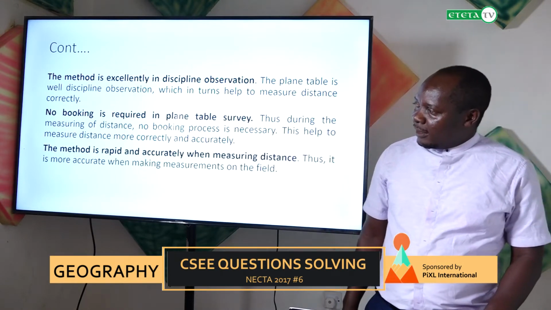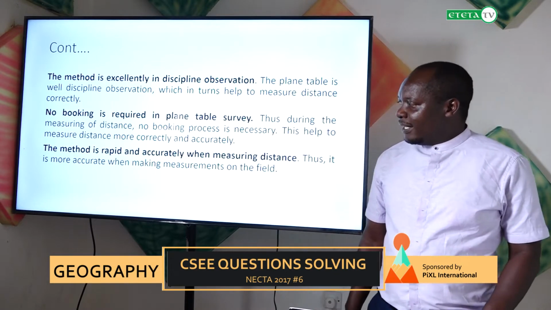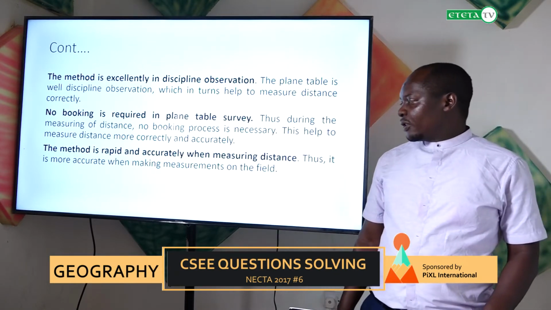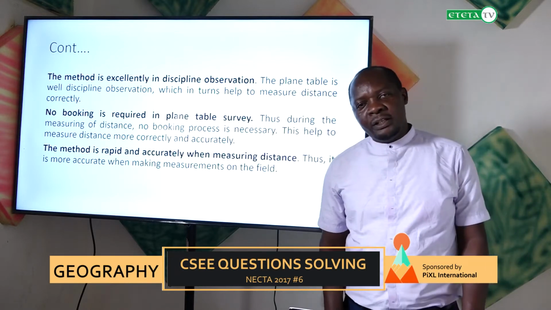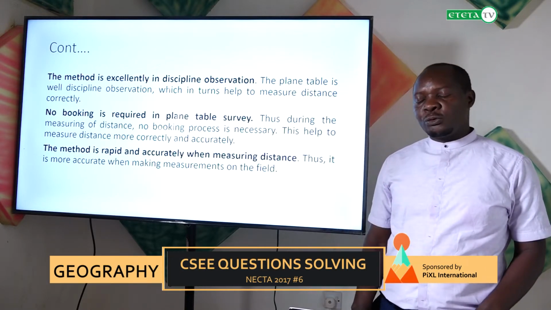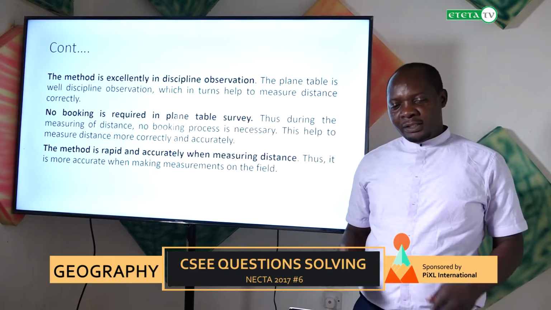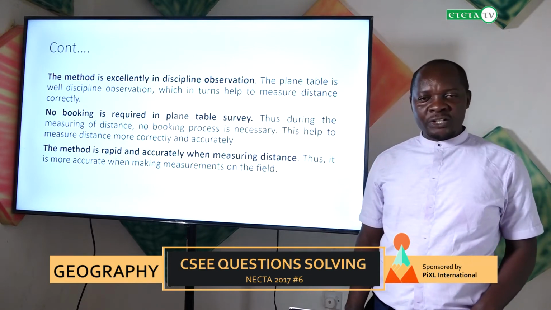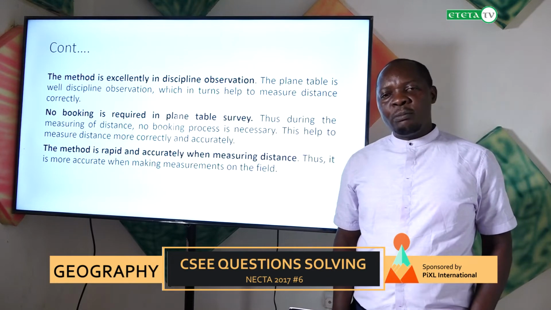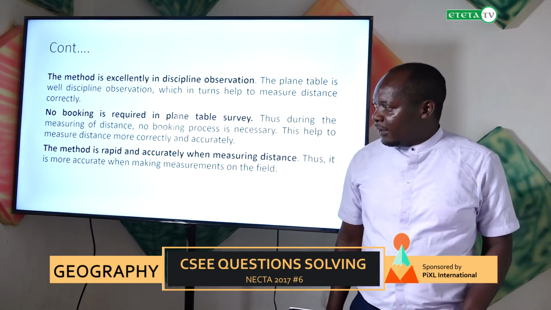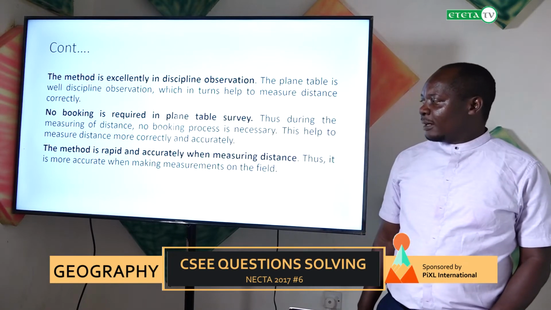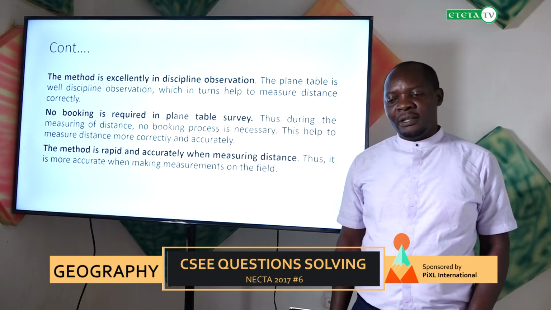But again, the method is rapid and accurate when measuring distance. Very rapid and accurate, in the sense that it doesn't consume that much time. It is very rapid in terms of its operation. It doesn't involve too much use of time. That is to say, it is more accurate when making measurements on the field.